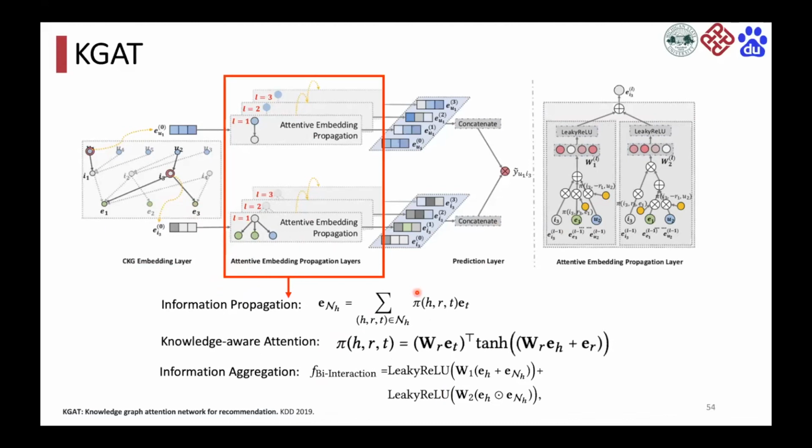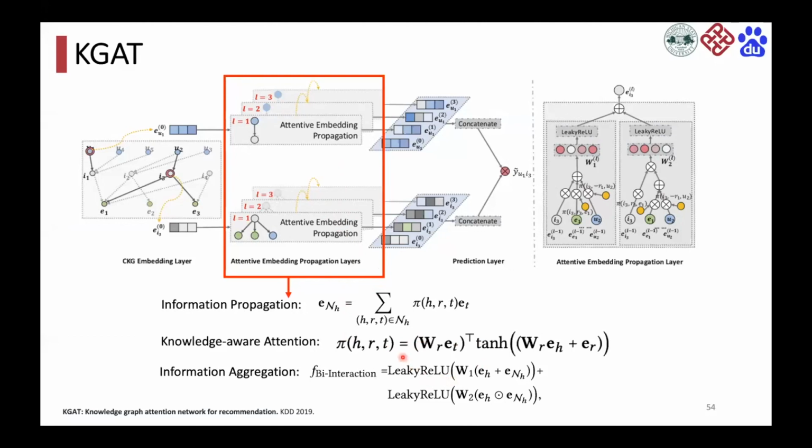Next, in the propagation layer, KGAT uses the knowledge-aware attention mechanism to perform the information propagation from the neighbors, and then updates the node representation by the aggregation function.